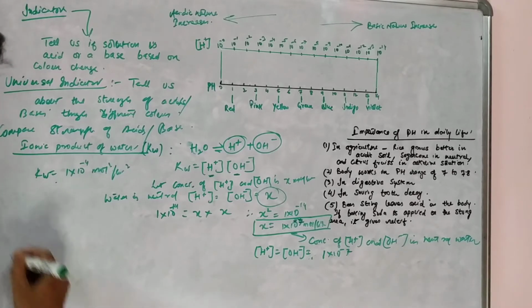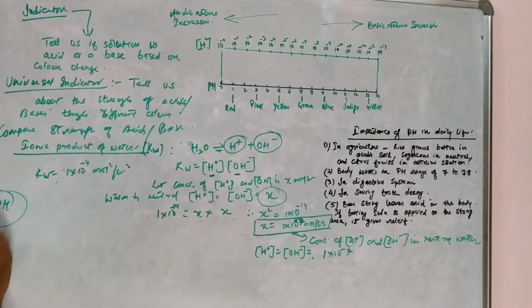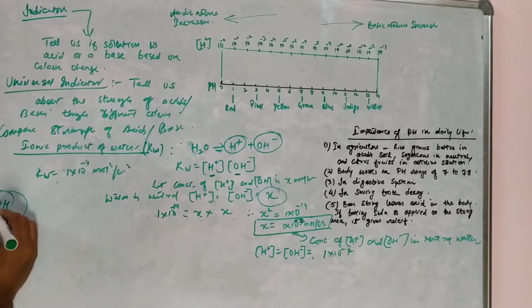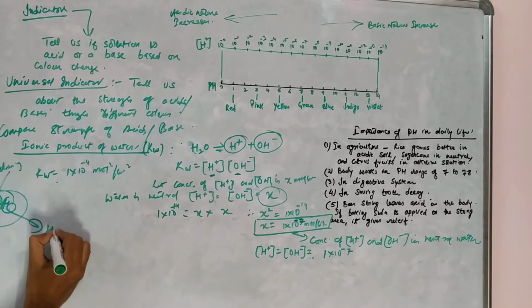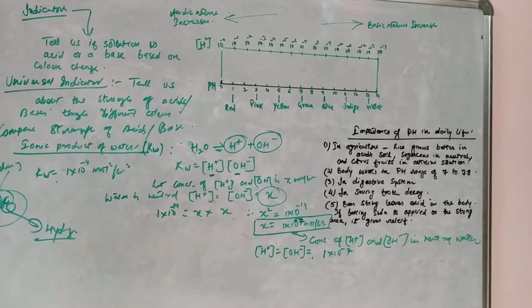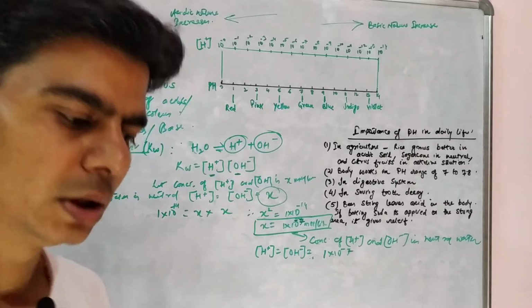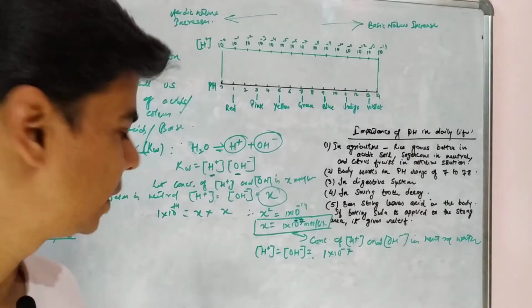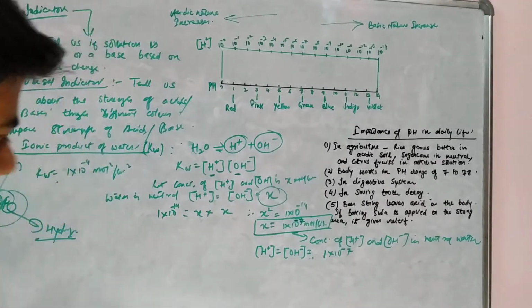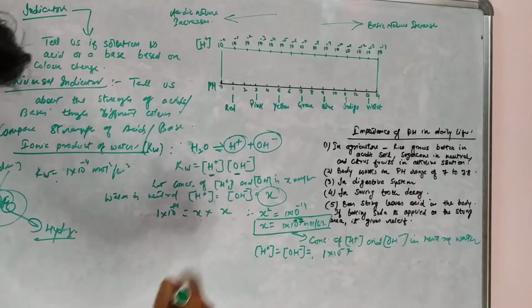In pH, P stands for potence, which is a German word which means power, and H means hydrogen. So power of hydrogen. This scale is based on the power of hydrogen, meaning hydrogen ion concentration. We'll look at it, but first let's just complete this.